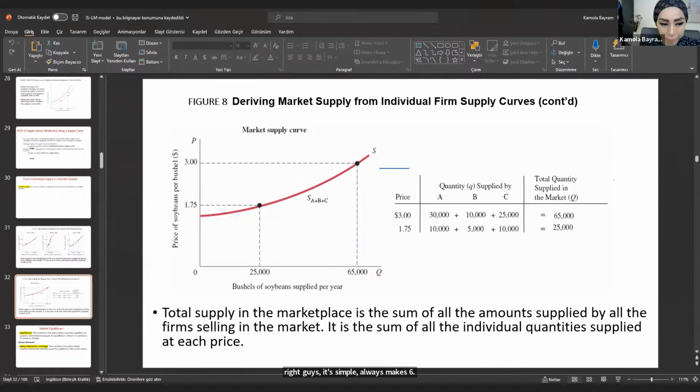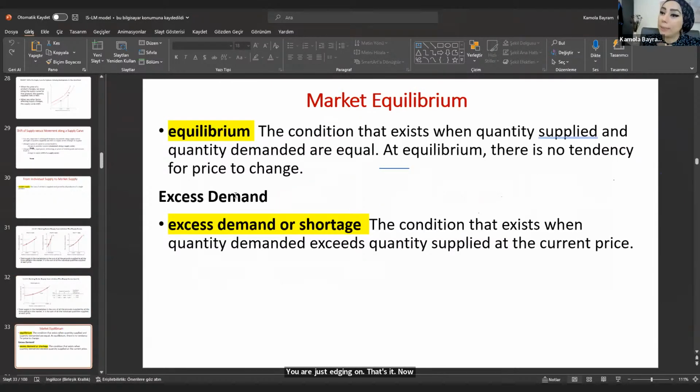That's it. Now, coming to the market equilibrium. What is equilibrium? It is a point where the supply curve and demand curve intersect. So equilibrium is the condition that exists when quantity supplied and quantity demanded are equal. It means that if I'm producing 10,000 units of some product, all of that product is consumed.